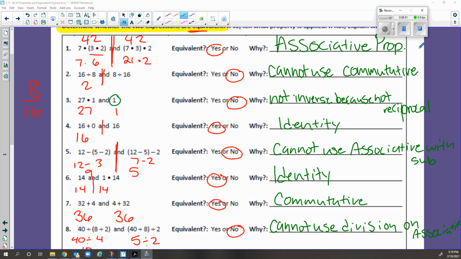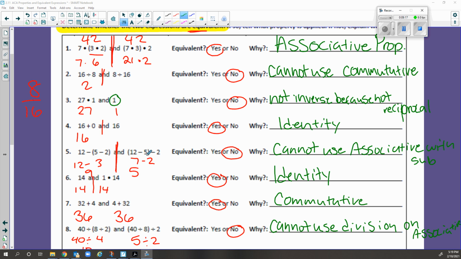All right, guys, let's take a look at our answers. So number 3, I think that it is not going to be equivalent. It's not inverse because it's not reciprocal. How about number 4, 16 plus 0 and 16? Yes, I think those are equivalent, and it's because of the identity property.